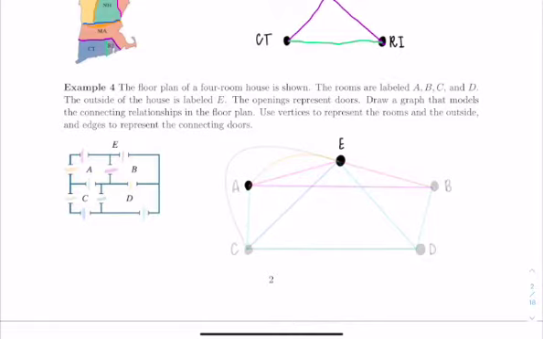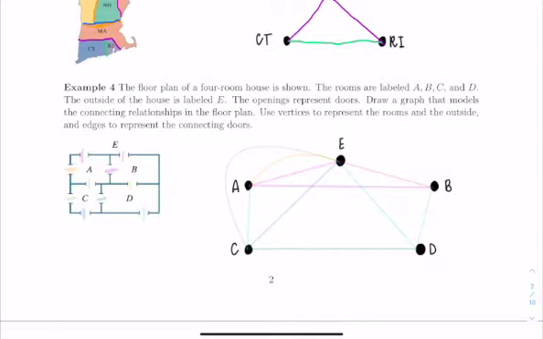I've got room A. Room B. I've got room C. And room D. So now the doorways are going to be our edges. Let's go ahead and see where we have our doorways.